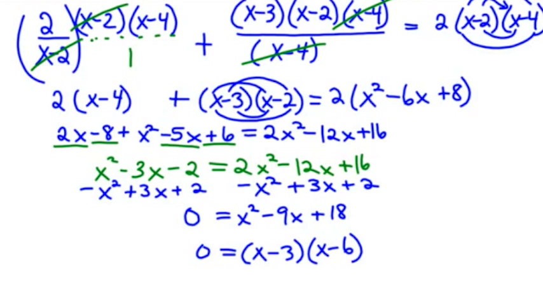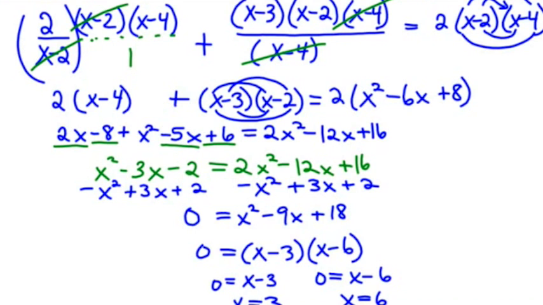That's okay if you can't see that right away. It's probably better to use a method, whether it's the quadratic formula, whether it's the cross method, to go ahead and arrive at your solution. Now I'm at 0 equals x minus 3, and 0 equals x minus 6. So I should see that my answer is either x equals 3 or x equals 6.